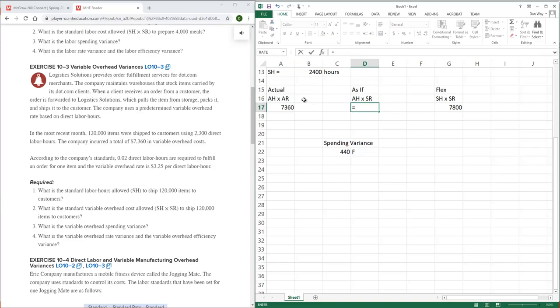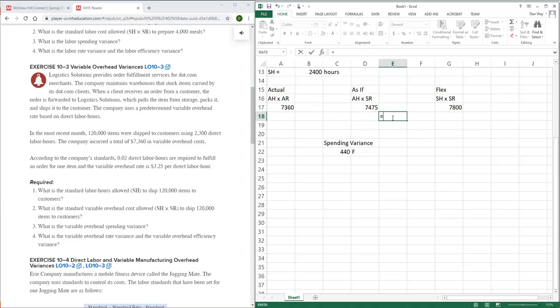So our actual hours used were 2,300 because we had shipped 120,000 items using 2,300 direct labor hours, times that standard rate, which we said earlier was $3.25 per hour. So our total as-if budget would show $7,475.